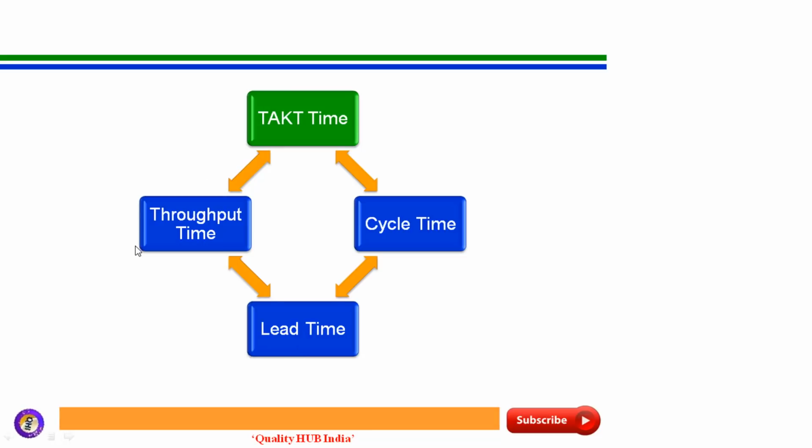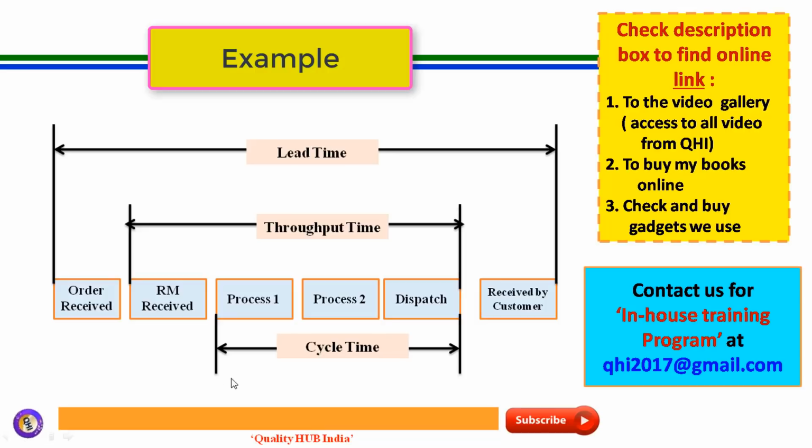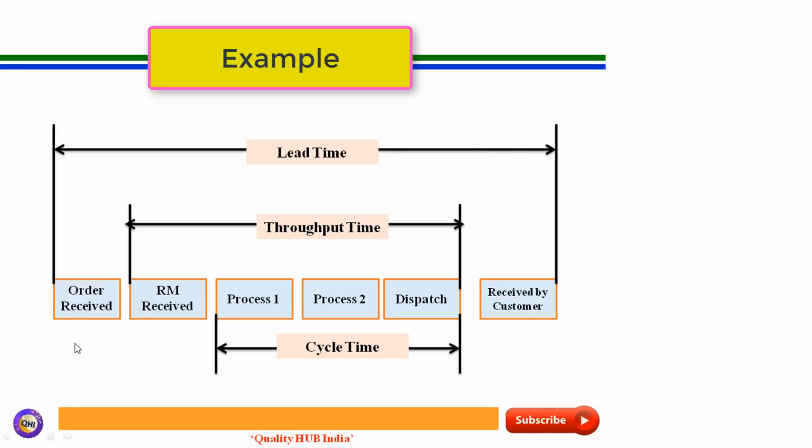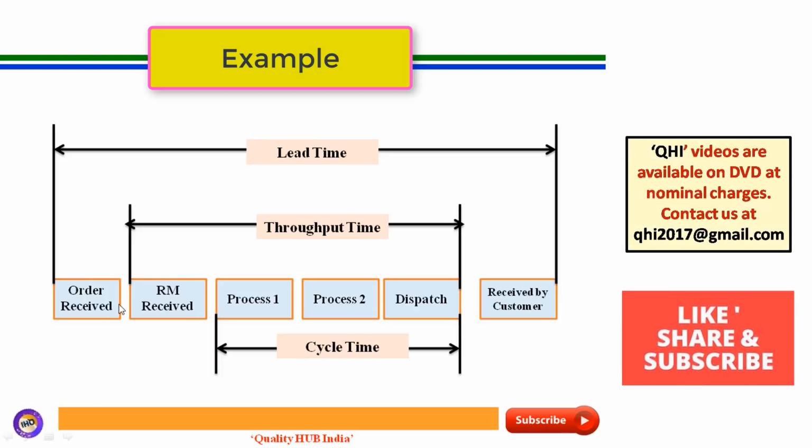Now to understand it in more detail, let's see an example. So friends, over here in this slide, you can see that we have a process and the process starts with order receiving and the next process step is raw material receipt, and from here the manufacturing process starts, which goes through first process of manufacturing, second process of manufacturing, then comes dispatch, and here in this step the product is received by the customer.